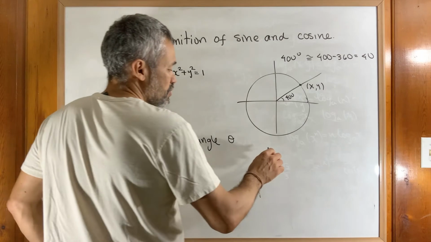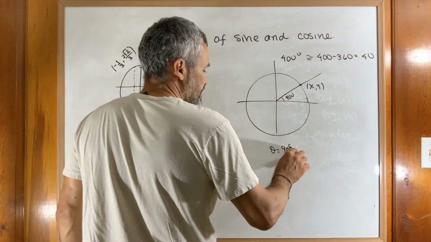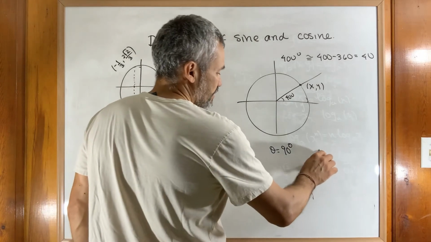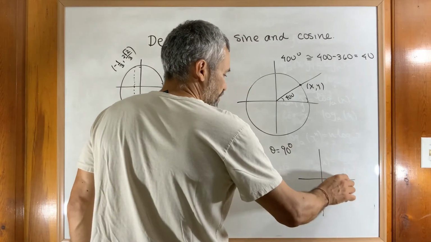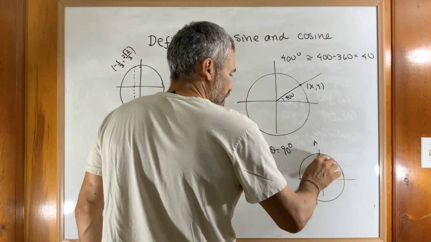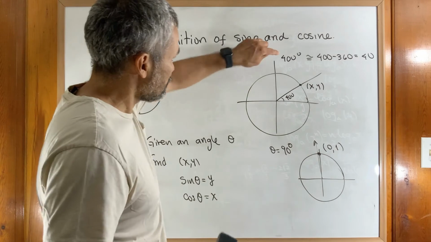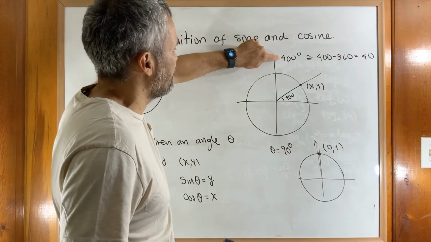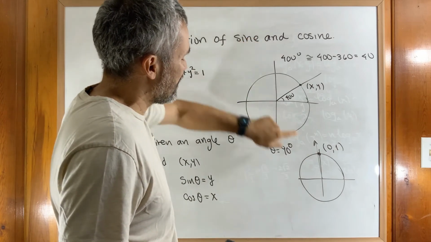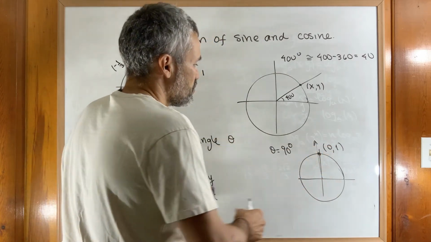Easy examples. For example, theta equal 90 degrees. For theta equal 90 degrees, we think about the unit circle. 90 degrees is here, and then that point is the point 0,1. Remember, for every angle, it doesn't matter if it is in degrees or radians, we can find an x and y in the unit circle that goes with that angle.